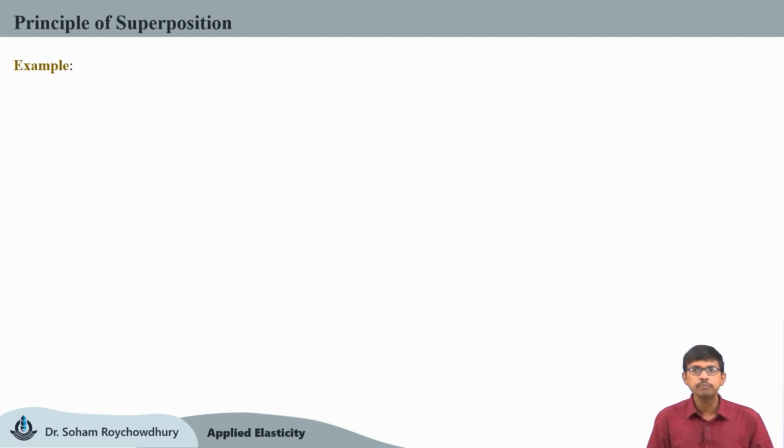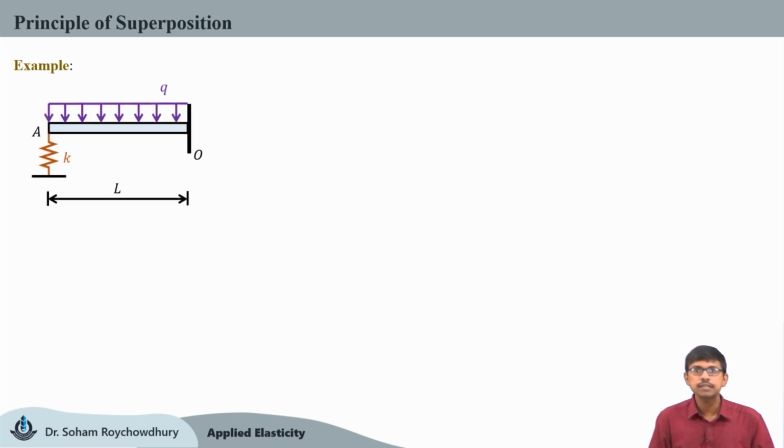Now, taking one example problem, let us consider one cantilever beam fixed at one endpoint O and connected to a vertical spring of stiffness K at another endpoint A. Total length of the beam is taken to be L and it is subjected to uniformly distributed loading of intensity small q.